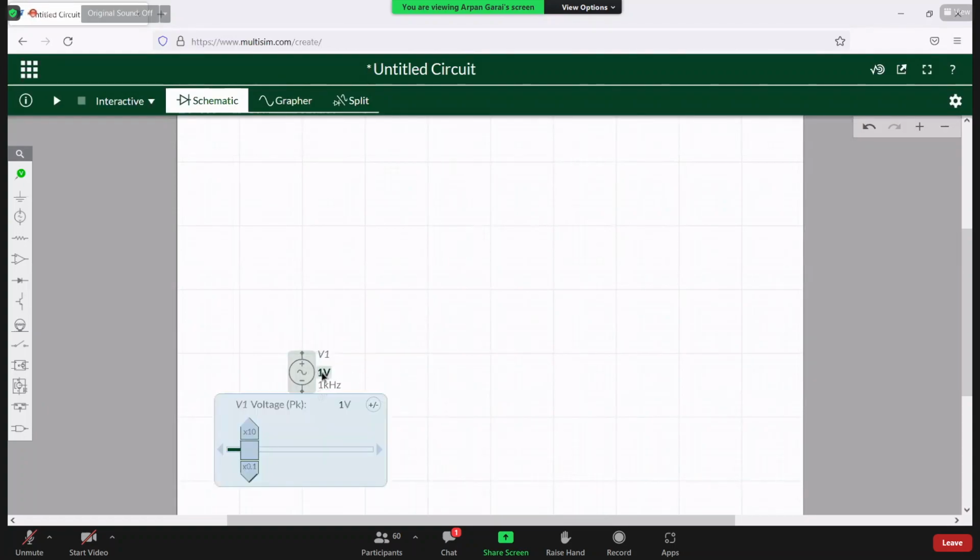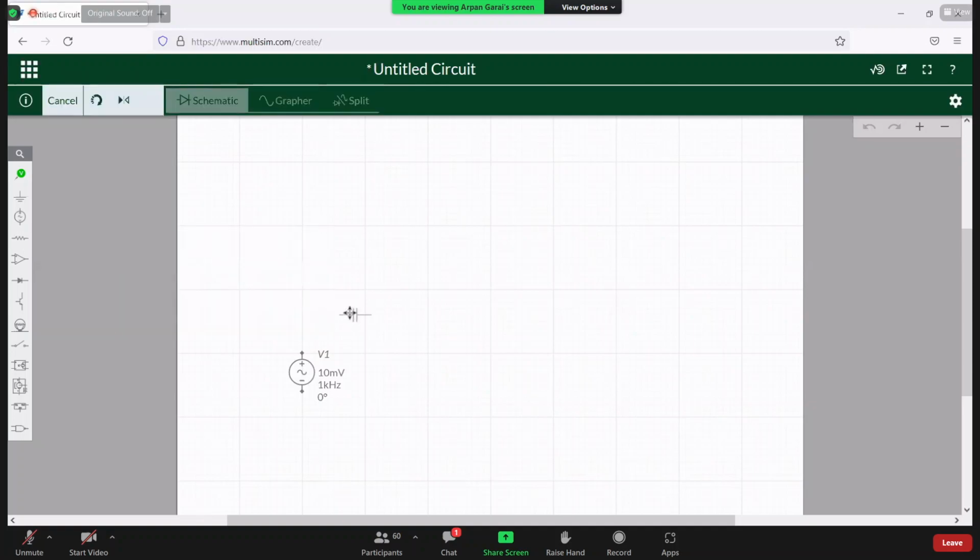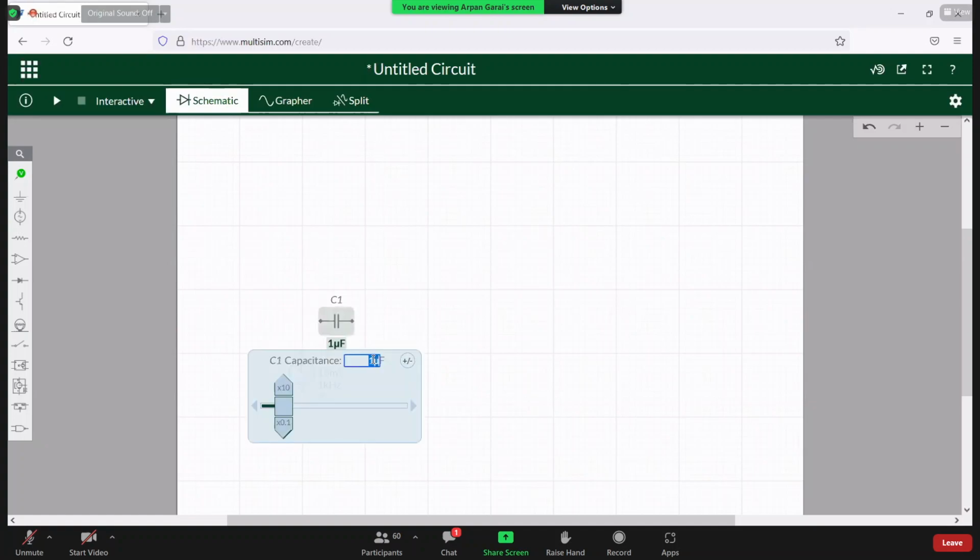Let me pass a weak input signal, first 10 millivolt. Then we have to use the capacitor.